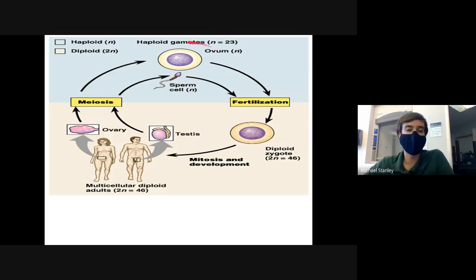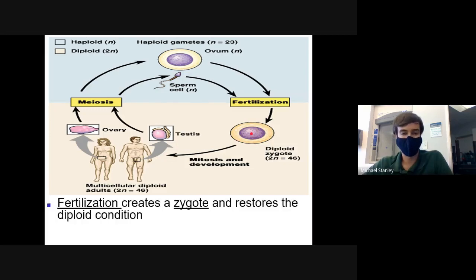So an egg cell and a sperm cell each have only 23 different chromosomes, compared to the 46 total in a normal human cell and in this diploid fertilized zygote over here.